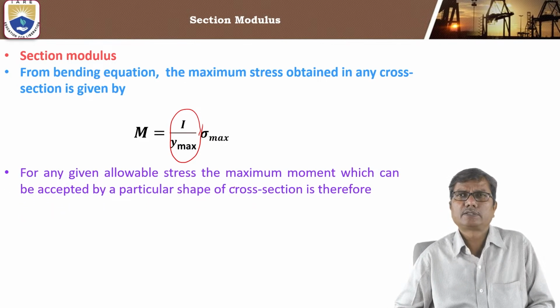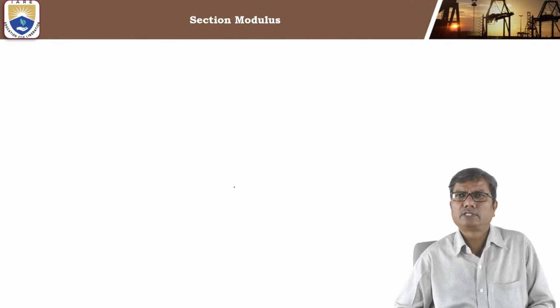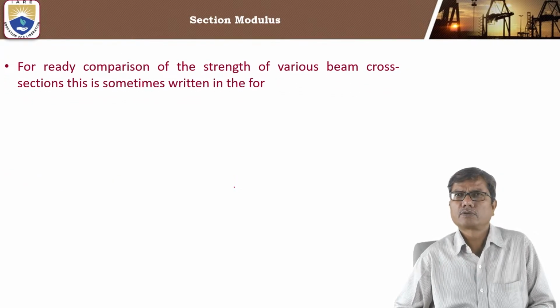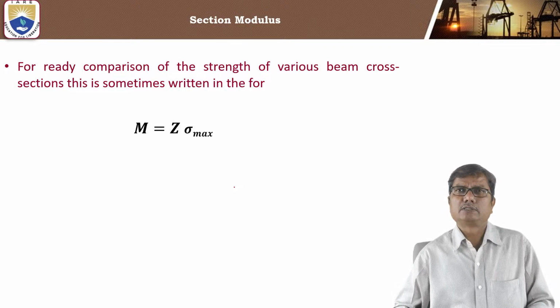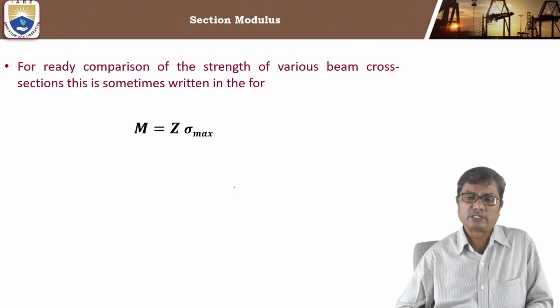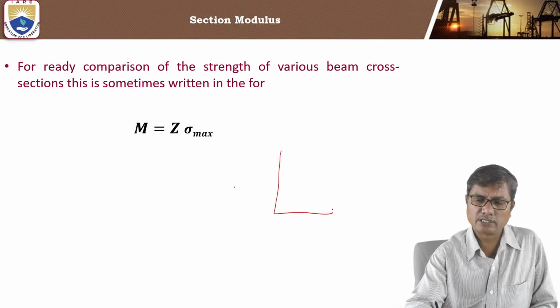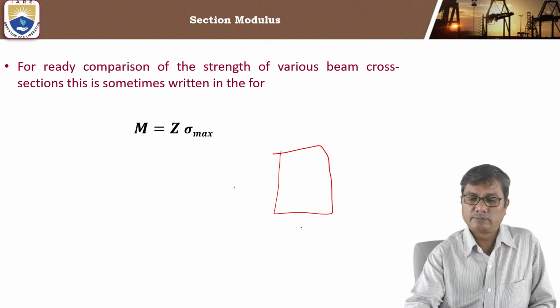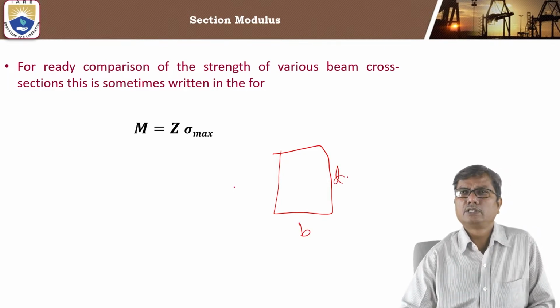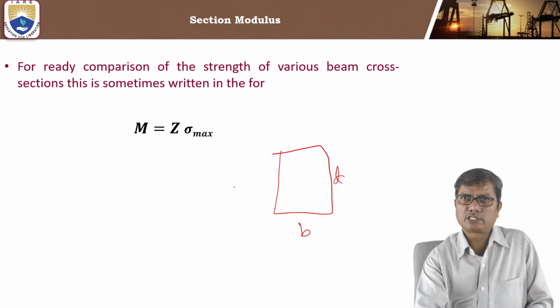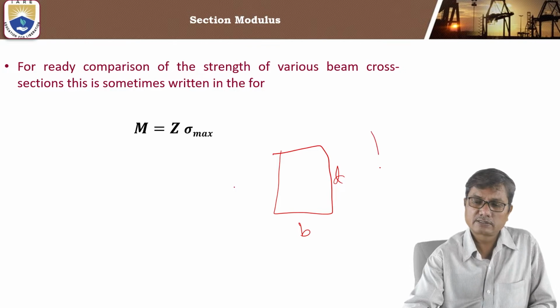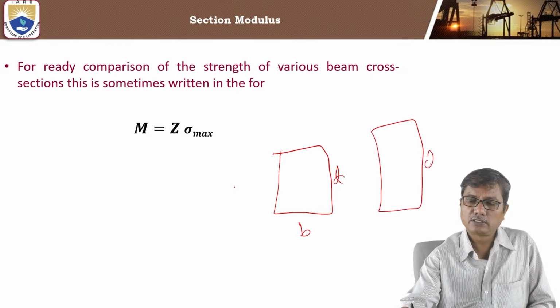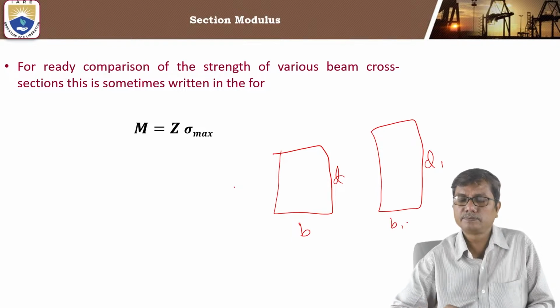So moment of inertia for different sections varies with the depth. As the depth increases, moment of inertia increases. For the same area BD, if the depth is increased and breadth is decreased so that the area remains the same, call the new dimensions B1, D1.